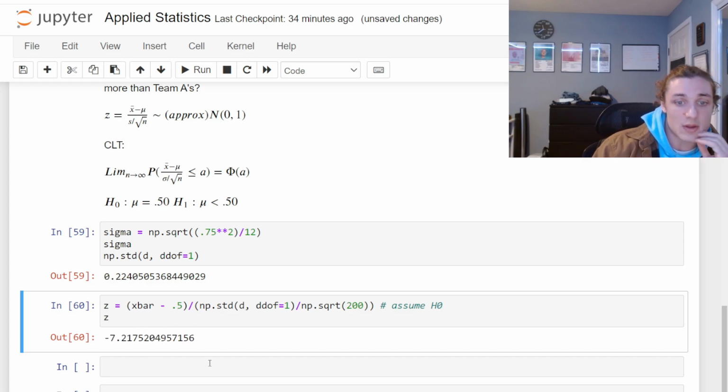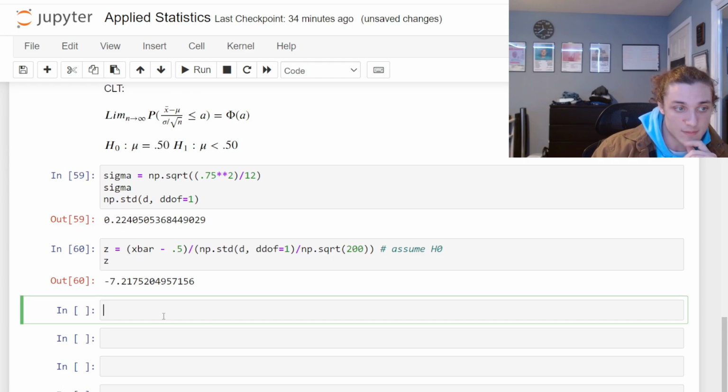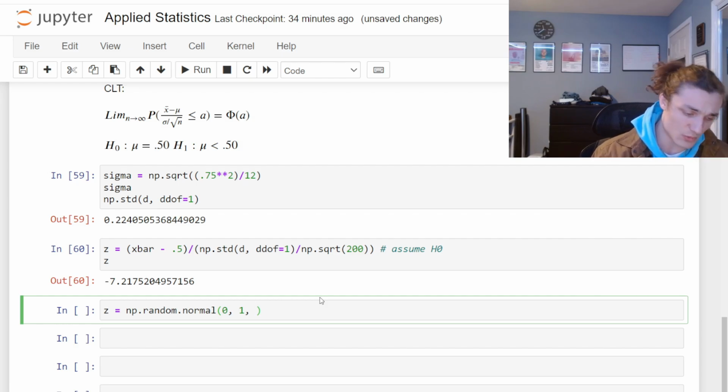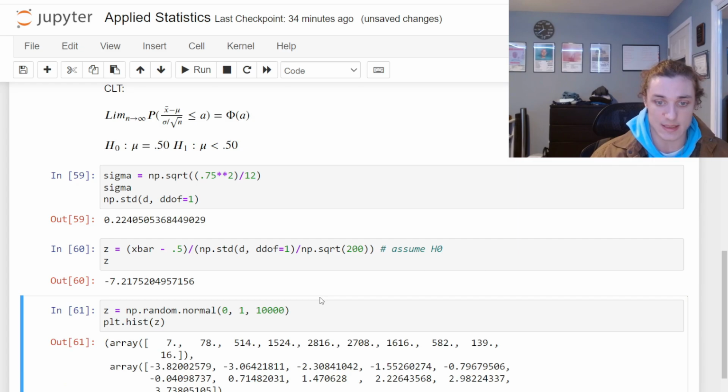Let's go ahead and visualize a standard normal distribution. So I'm going to say z is equal to np.random.normal(0, 1). We'll do 10,000 samples, then plt.hist(z).